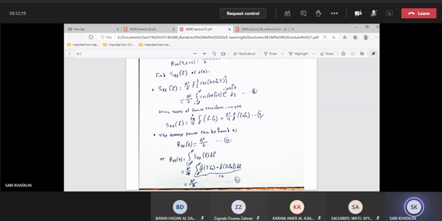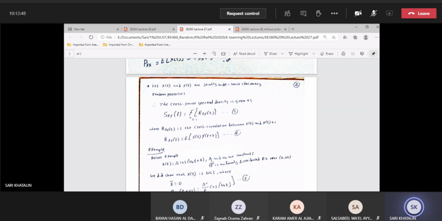Or you can do it through integration. Since you already have the power spectral density, just take the integration of it. A squared divided by 4 times 2 will be A squared divided by 2. So it's the same result.